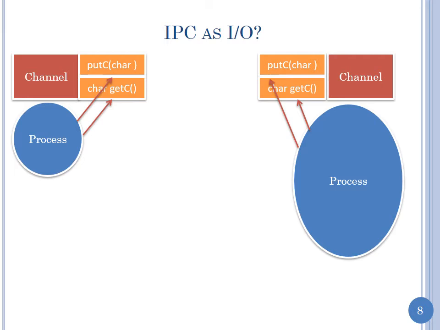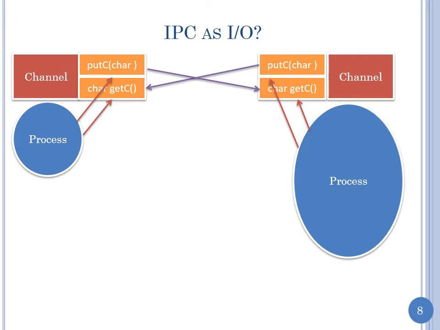These two channel objects that are being used to communicate between the two processes are related in that if I do a put on my channel object, the channel object on the other end can give the other end the character, so the other end can invoke a getC call to get what the first process put, and vice versa.